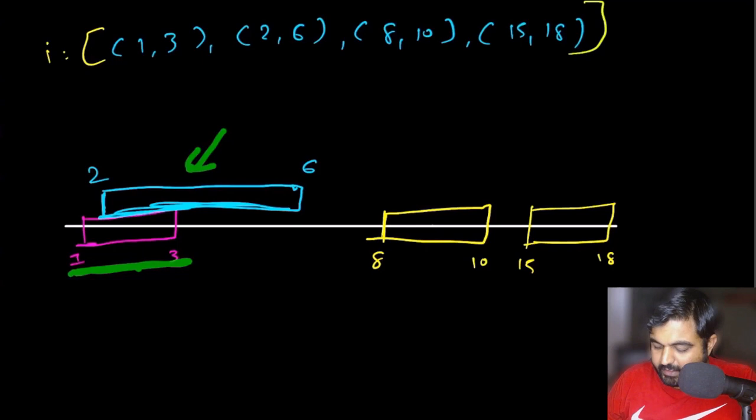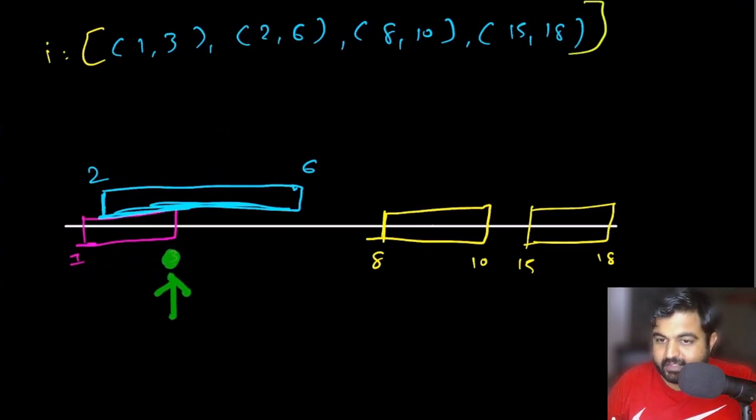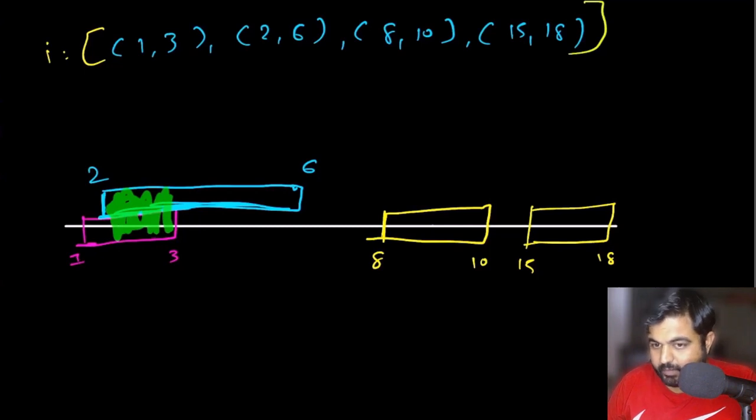Let me repeat. Before we find the ending value of the first interval, if we find an interval that has a starting value before the ending value of the previous interval, then there has to exist an overlap between these 2. This is the most basic definition to identify an overlap. In this case, we identify that there exists an overlap over here, so we will have to do a merge operation.